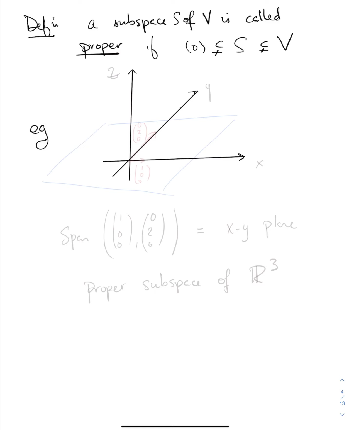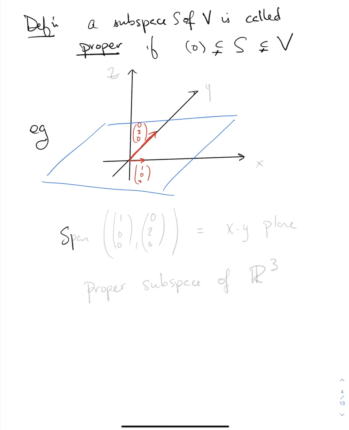Say we've got the XYZ space. We've got Euclidean space of dimension 3. Say we're looking at the plane spanned by these two vectors. So we've got this little vector here given by (1, 0, 0), and this vector here given by (0, 2, 0).